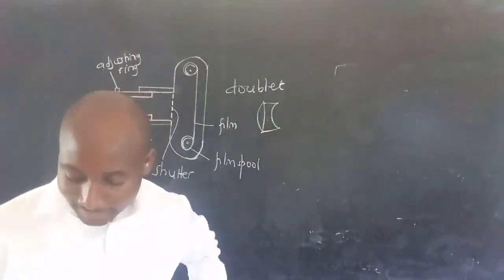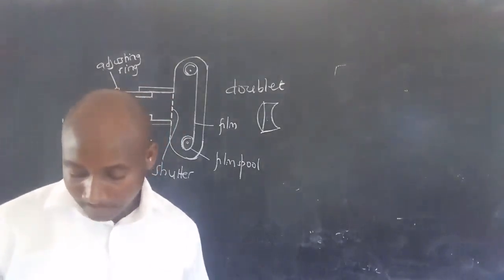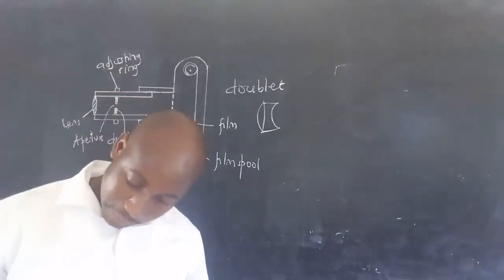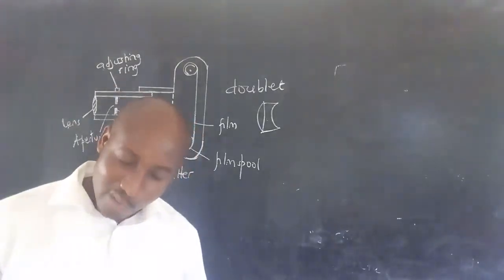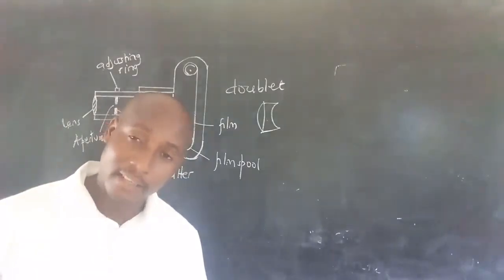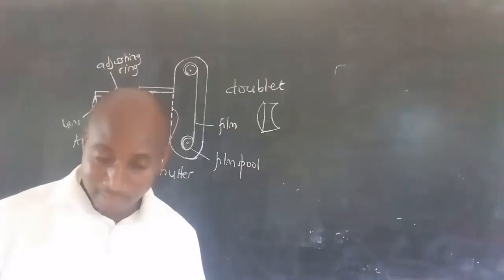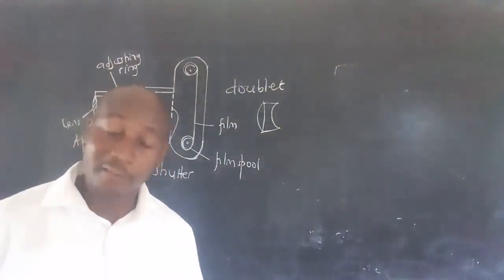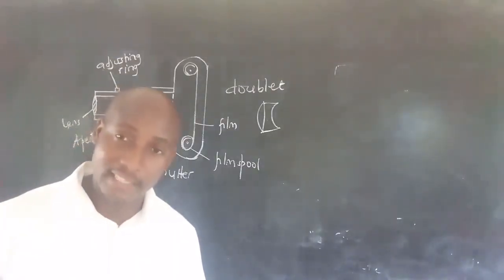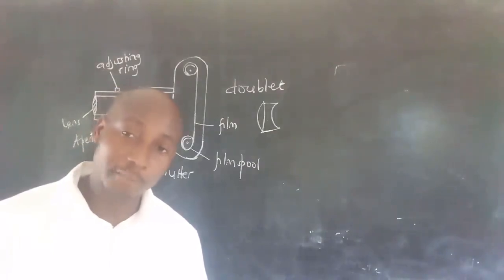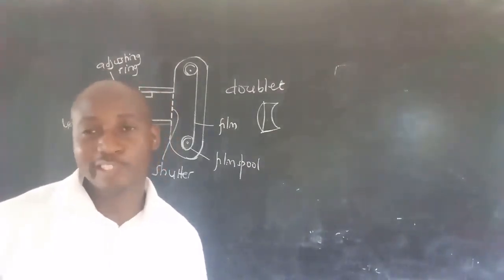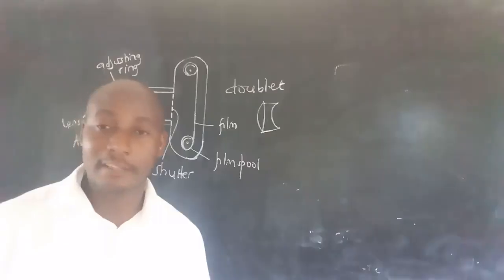Then we have short-sightedness, or myopia. A short-sighted person sees only near objects clearly because they are formed on the retina. A person with a short-sight defect cannot see far objects clearly because the image is formed before the retina.